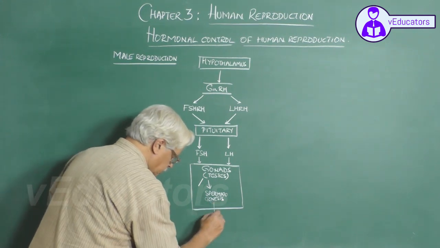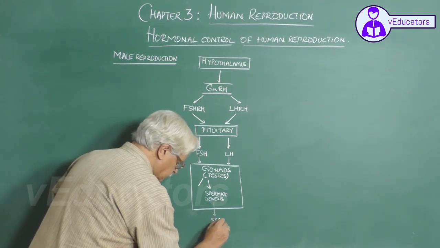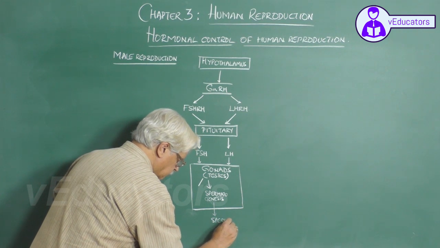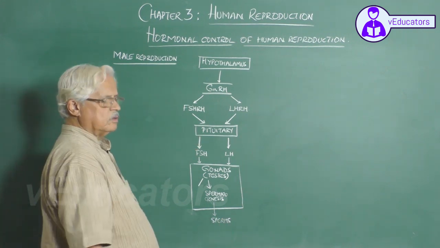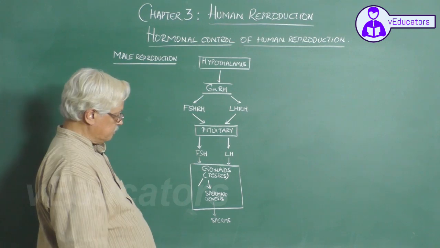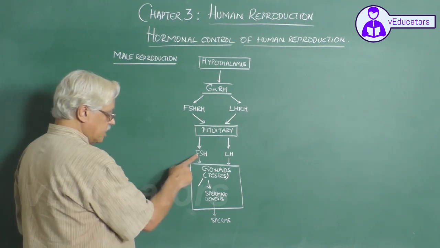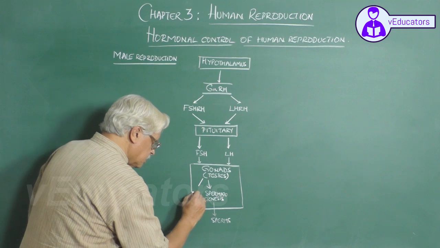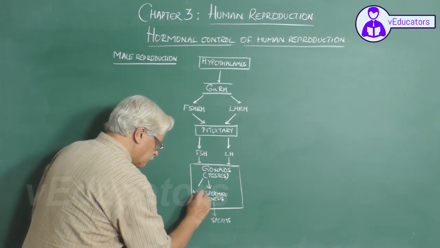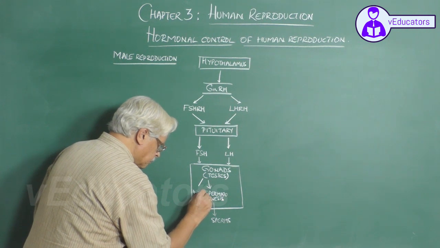Spermatogenesis results in the production of spermatozoa. On the other hand, FSH influences the production of inhibin.